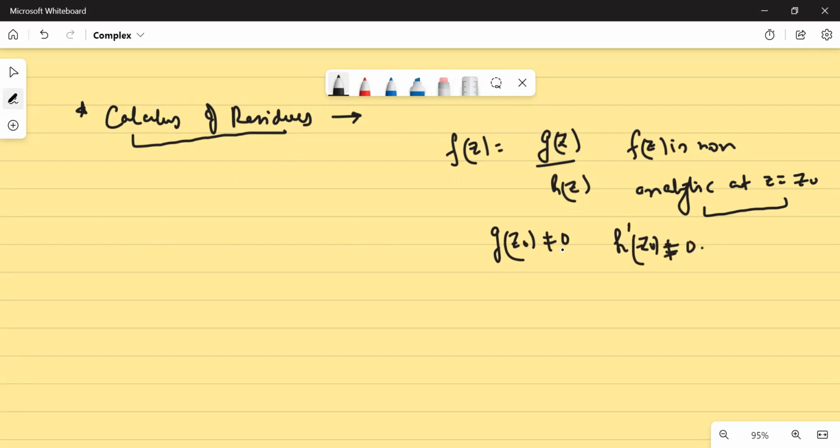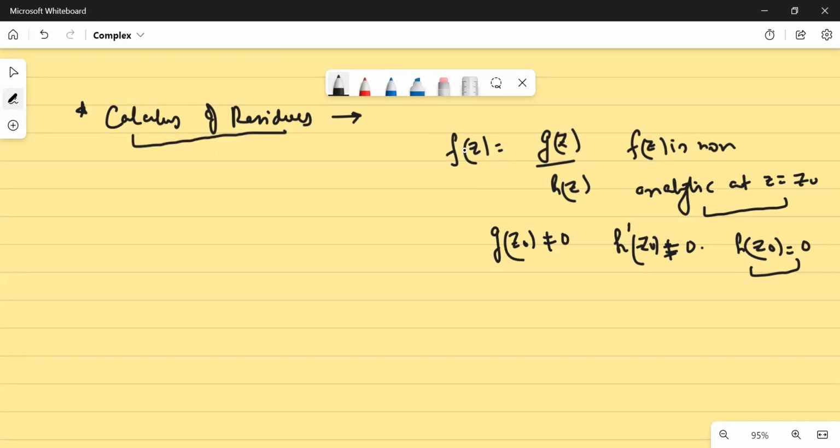In fact, you'll find that if f(z) is analytic at z equal to z naught, there can be a possibility that function h(z) is 0. Having a 0 is not a problem for h, but h being 0 at z equal to z naught will create problems for f.